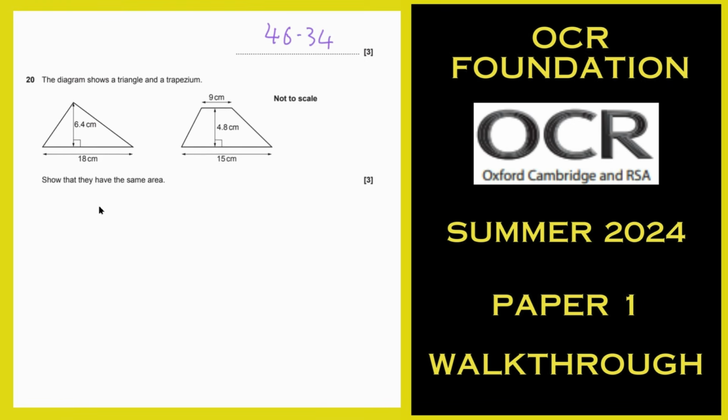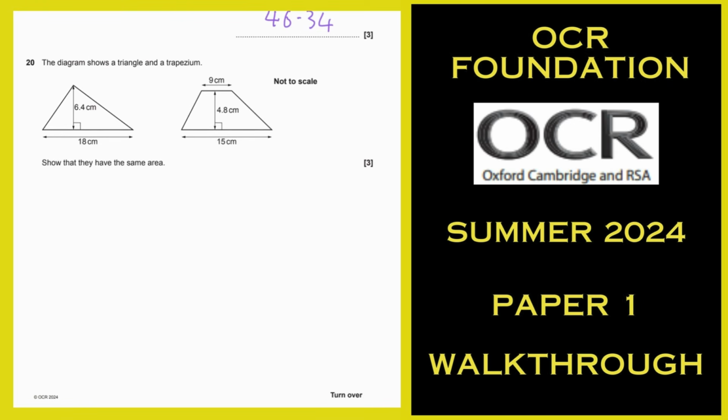Show means do. Area of the triangle is a half of the base times the height, and you should get 57.6 centimeters squared. Trapezium, look it up on your formula page, it's there.